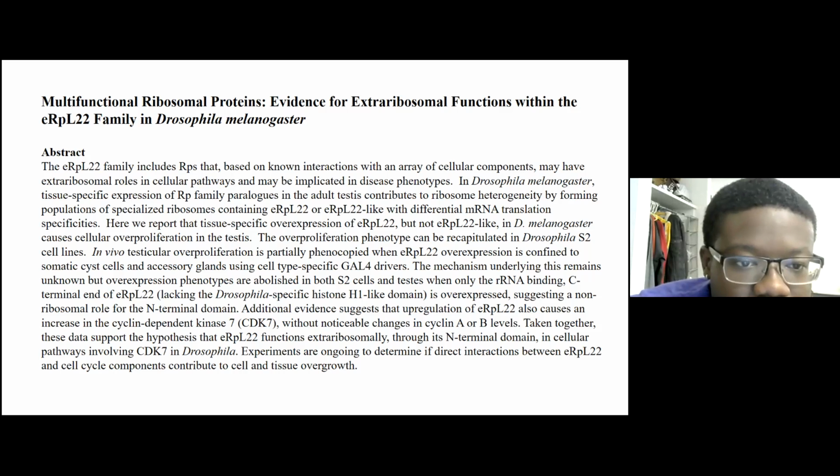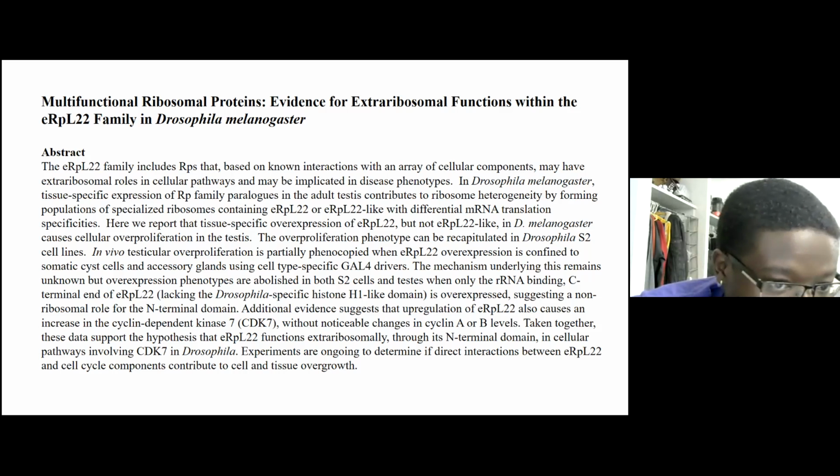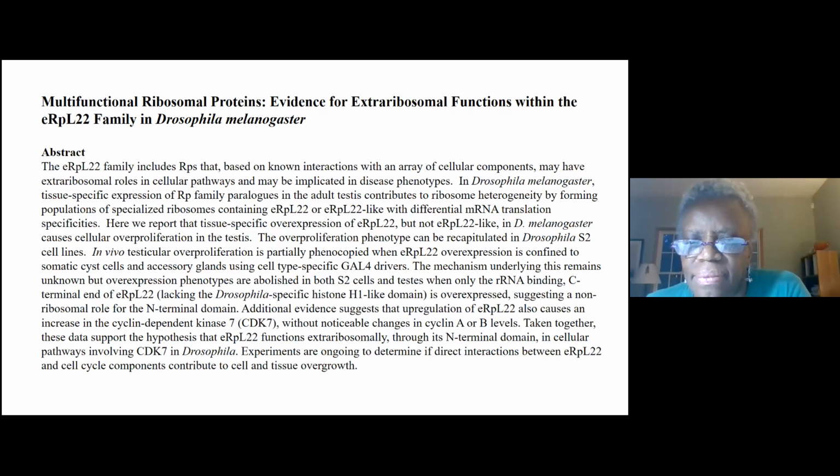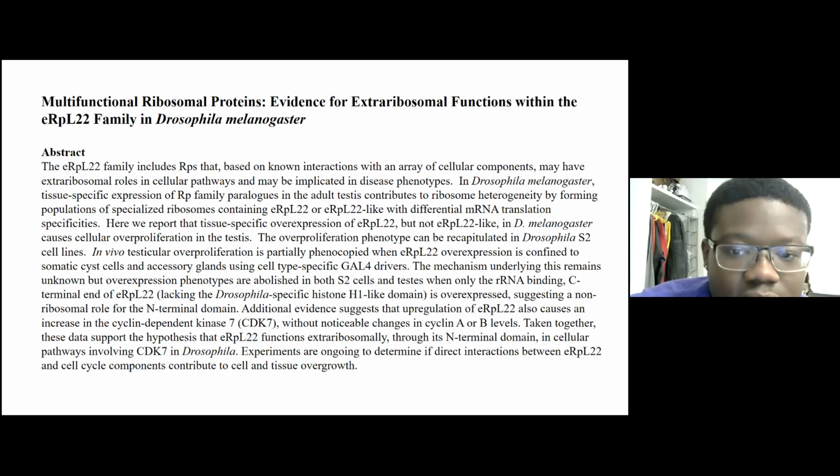So basically, we tried to highlight that there was a protein from a family called RPL22 that causes cells in the testes to proliferate.